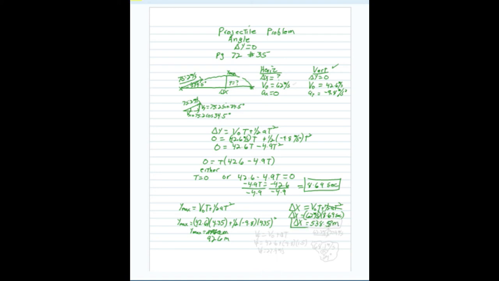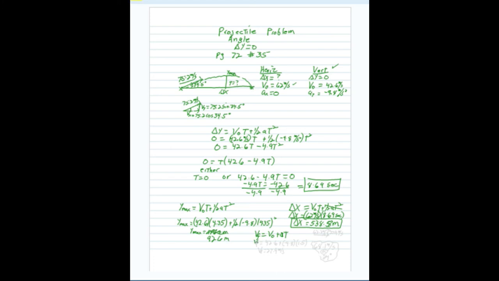Okay, so I have that. Now the last part is, how fast is it going after a second and a half? Well, horizontally, I know how fast it's going, 62, because it doesn't change. But vertically, it's not going to be 42.6. It's going to be something less than that, because it's going to slow down. So what I need to do is find out how fast it's going in the y direction after a second and a half. I'm going to use Vf equals V0 plus a t.